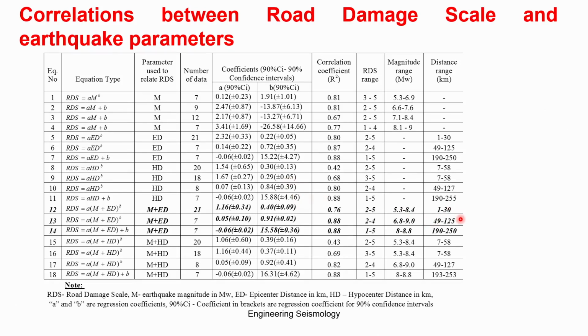For example, 1 to 30 kilometers is one setup, then 49 to 125, and 190 to 25. In between there is no data, but when you predict with this, obviously it will take care of that. So by using this you can predict the road damage expected in that region.